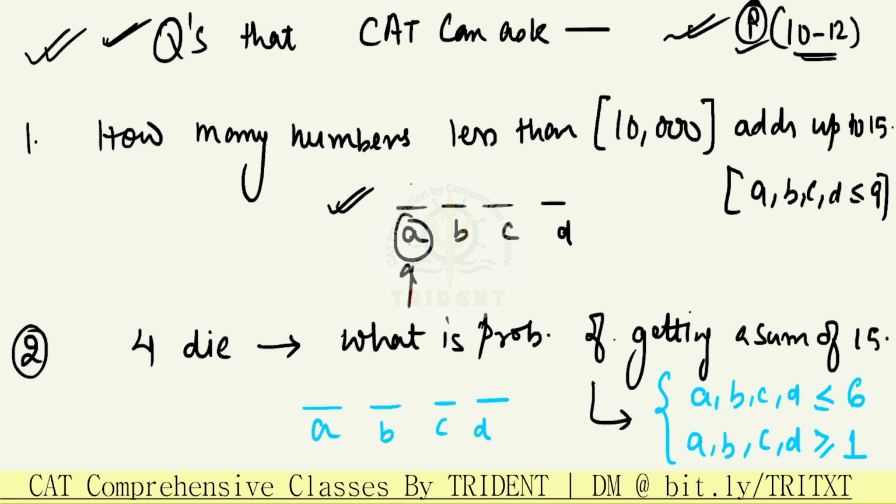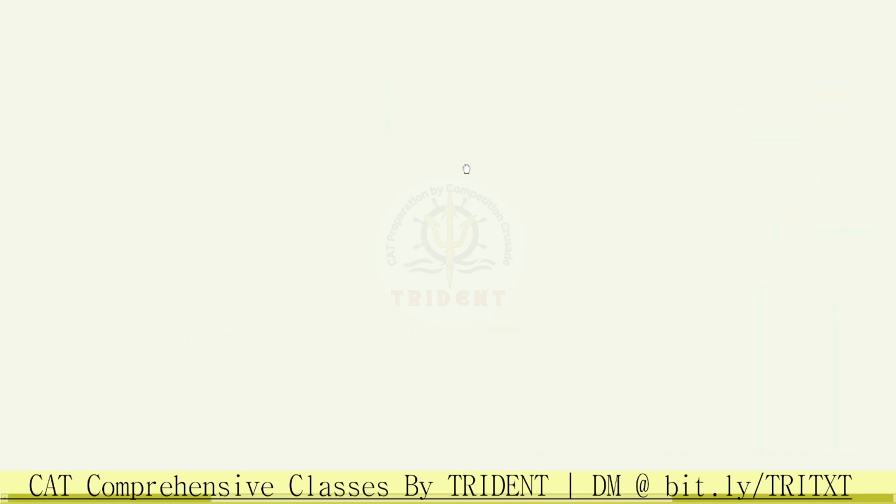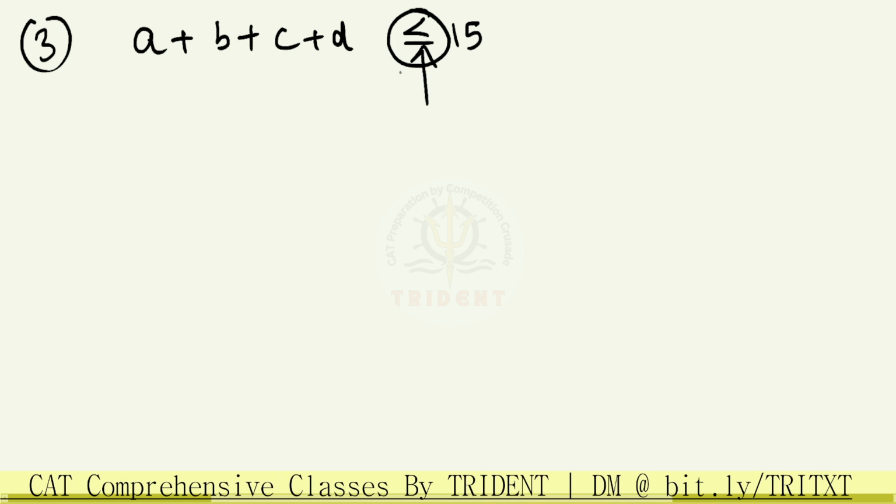Now one more very important question type that can be asked from this area is A plus B plus C plus D less than or equal to 15. Now please pay attention. I have given you the tactics to handle an equality and not an inequality.